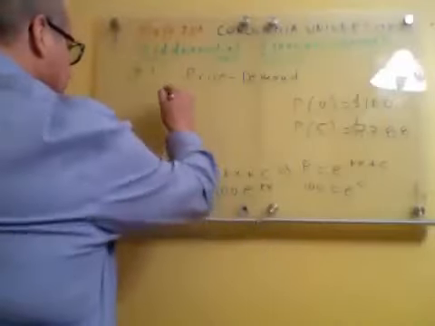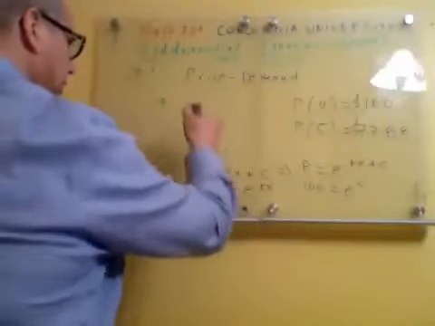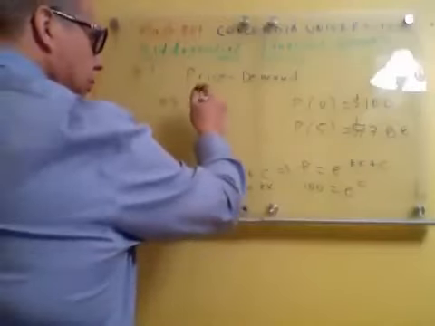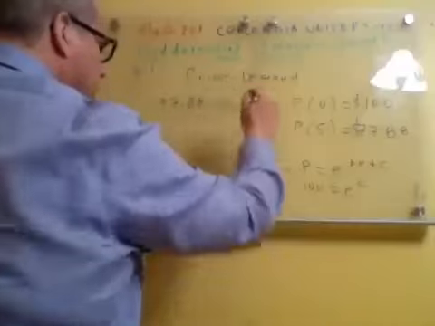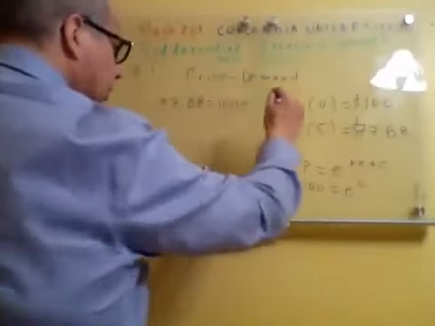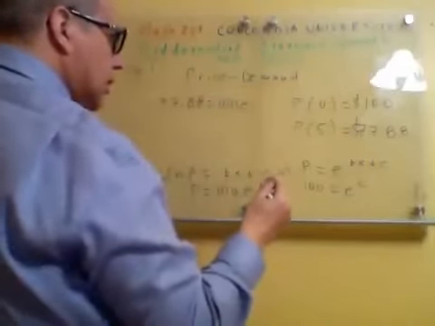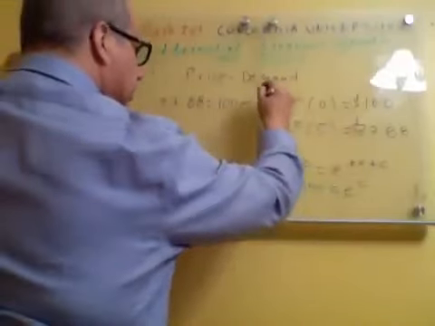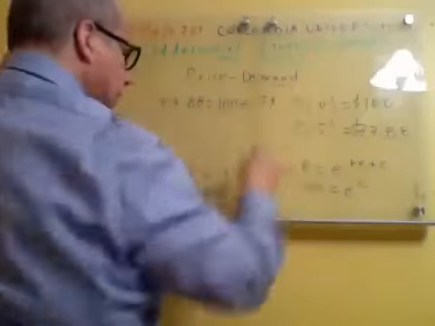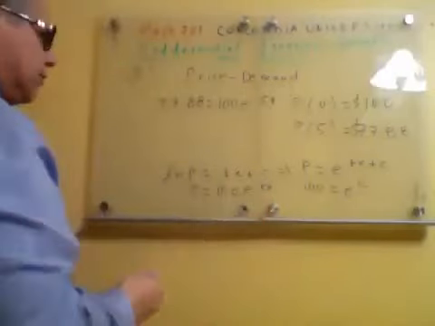So that means that we put here 77.88 is equal with 100 times e to the 5k, since x is equal with 5.